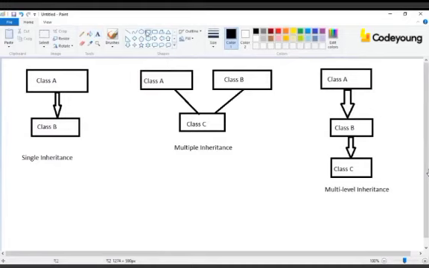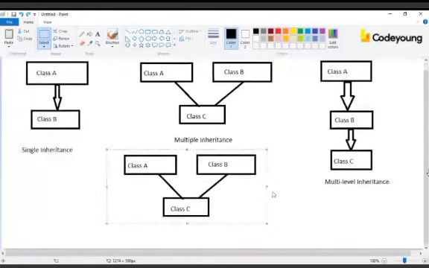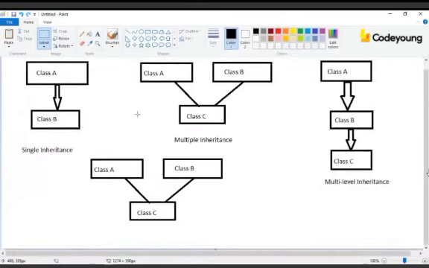So if I have a class A and a class B, and let me copy this so that it's easy for me, and I have class C as well, then I give the property of class C to another class D. So this is the combination of multiple as well as single, right?